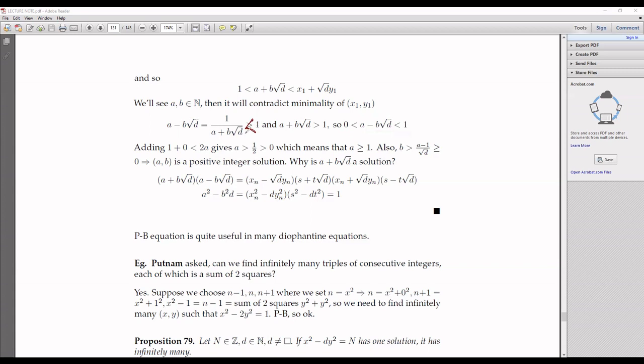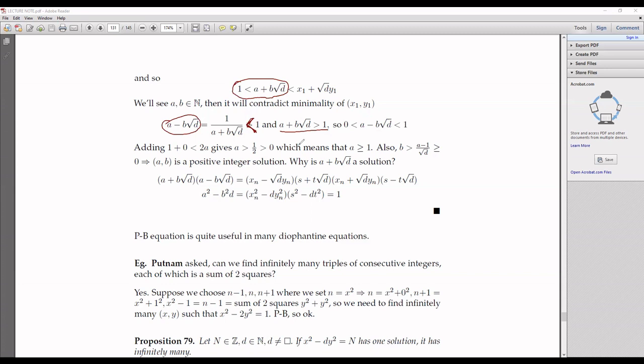This should be less than 1, because a plus b root d is greater than 1, so its reciprocal should be less than 1. So definitely we have a typo here. So a minus b root d is actually less than 1, first of all. And what about a plus b root d? This one is greater than 1.